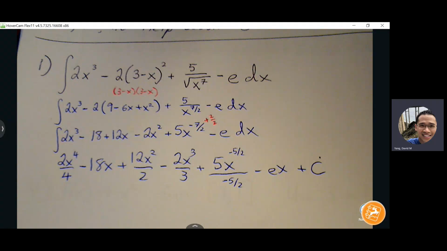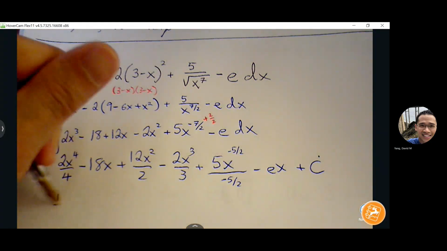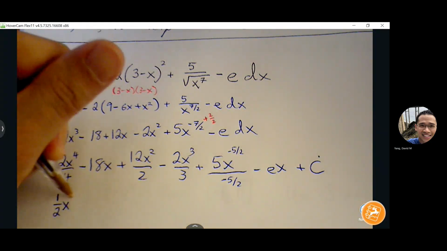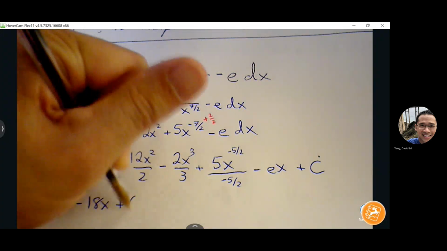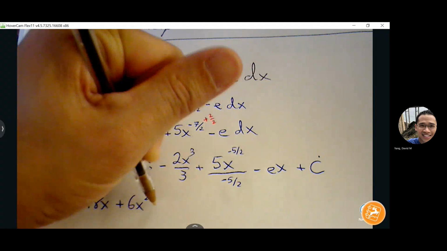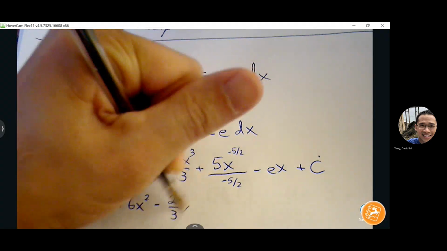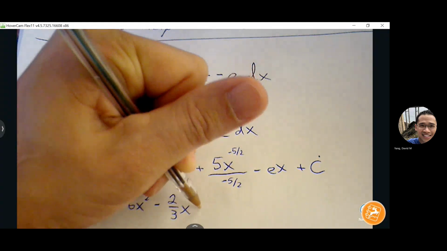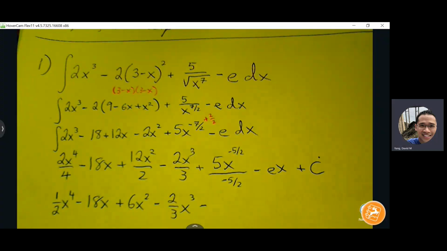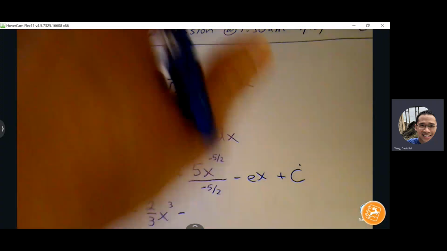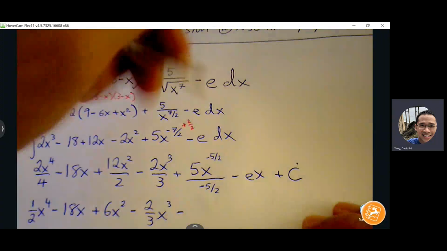Right, so that's our answer, but we can do a little bit of cleanup with some of these coefficients here. So this is really -2/5 times 5.